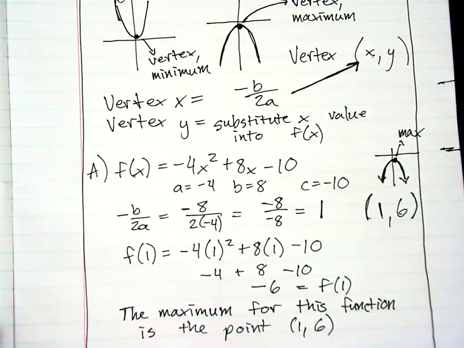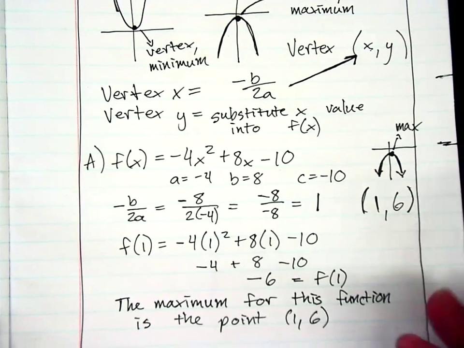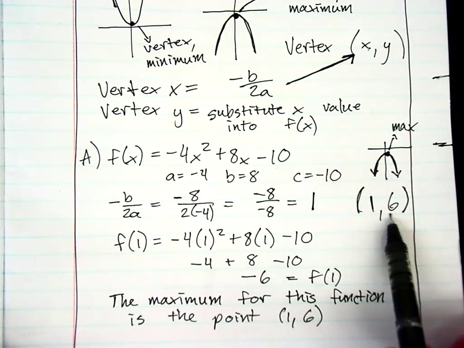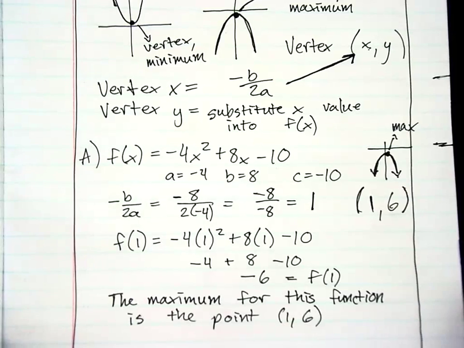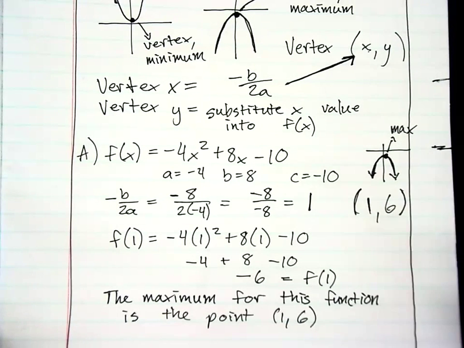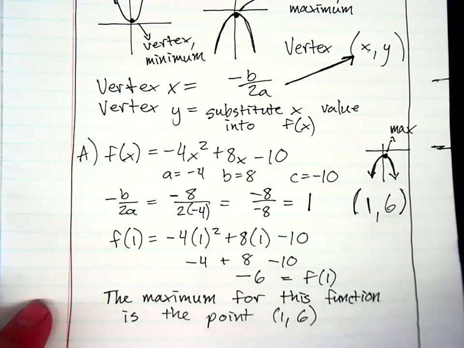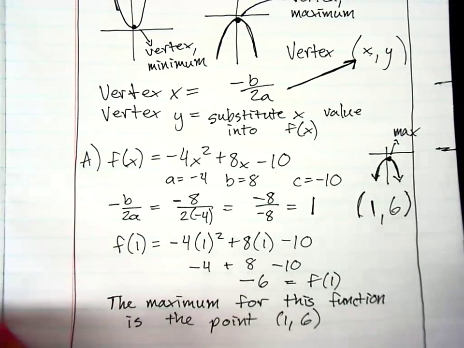So our maximum occurs at the point 1, negative 6. Some questions might ask what your maximum value is, and in that case it's usually the y value. So for this one it would be negative 6, but I'd like to express it as a point, so the maximum for this function is the point 1, negative 6. Alright, so that's it for that example. Let's move on to even and odd functions now. This one's going to require a little bit more space than I have, so I'm going to turn the page.